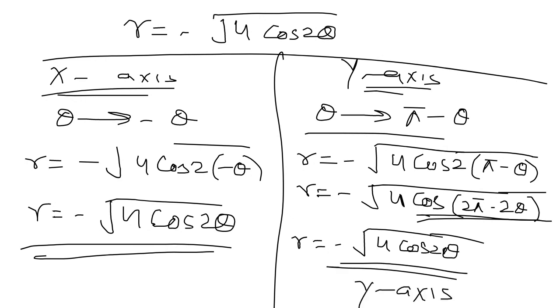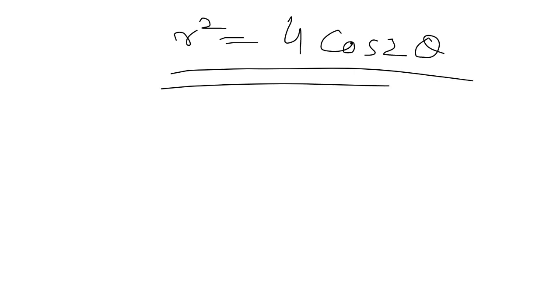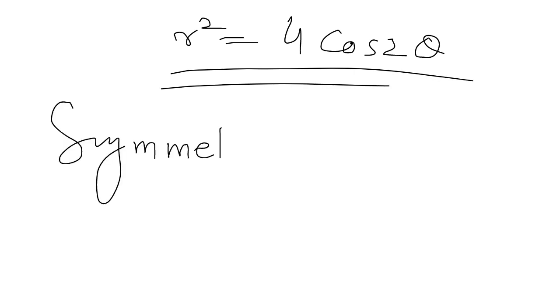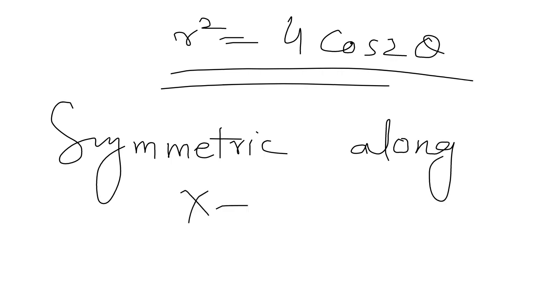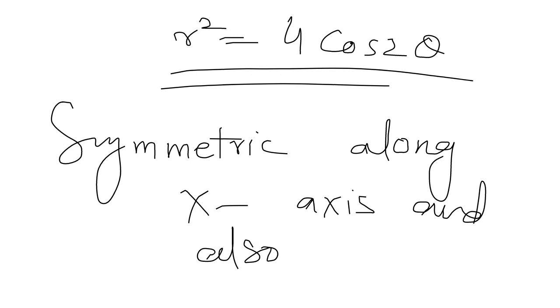So this function, r square is equal to 4 into cosine of 2 theta, is symmetric along x-axis and also y-axis.